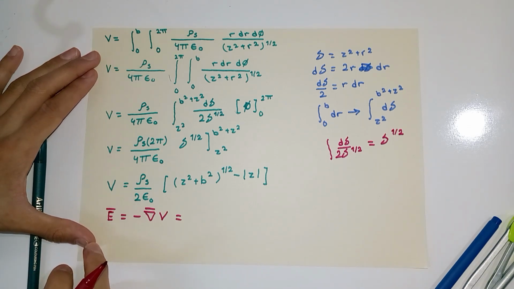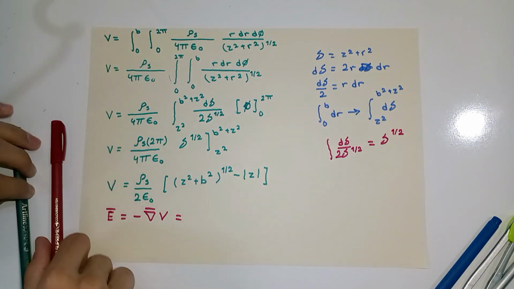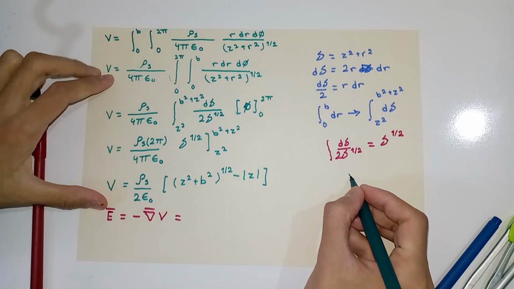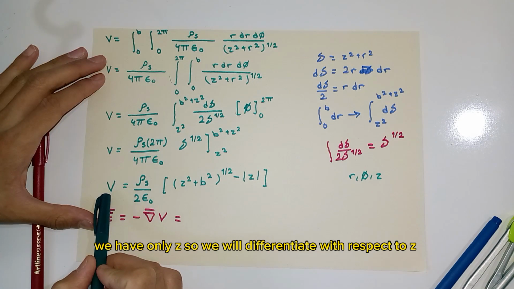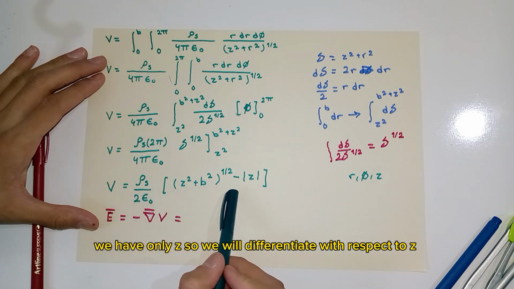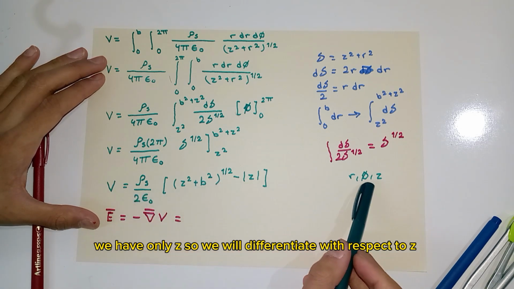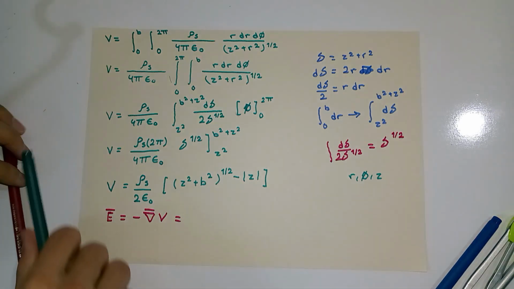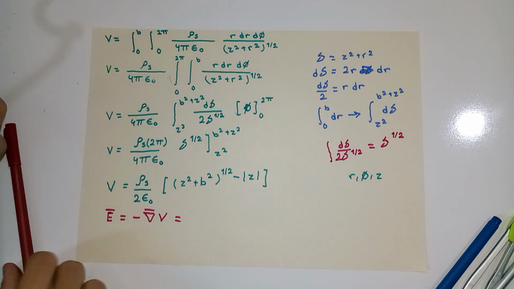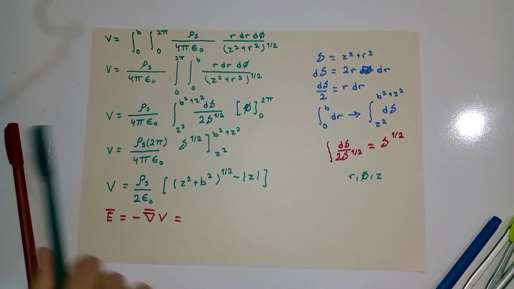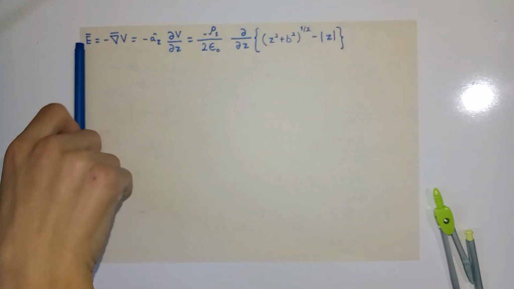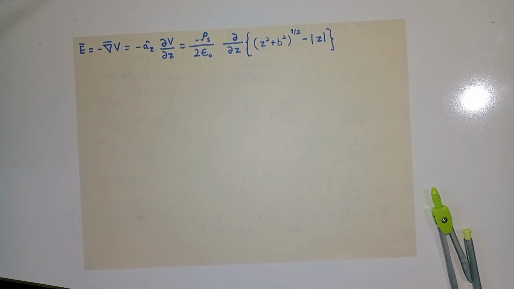We said that in this problem we are going to use cylindrical coordinates, which consist of r, phi, and z. You see in this formula we have only z, we don't have r nor phi. Accordingly, we are going to differentiate only with respect to z. As you see, I wrote this on a new paper. Now let's start the differentiation.